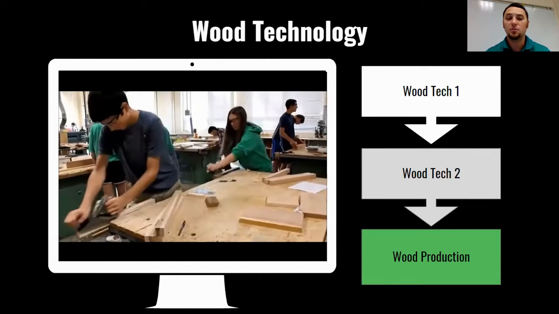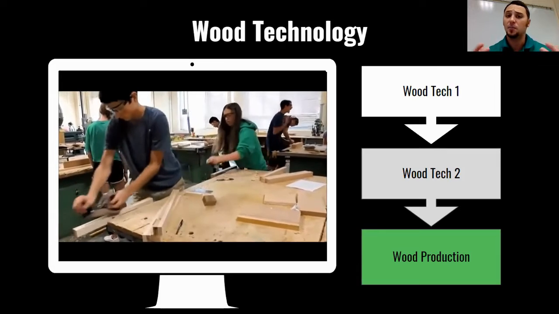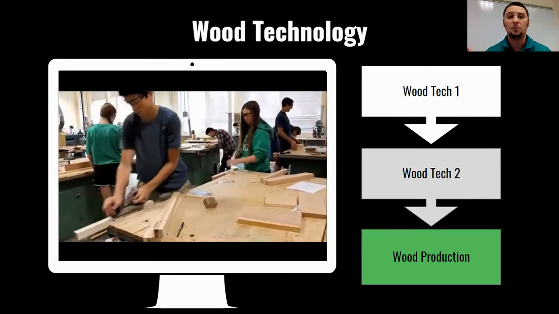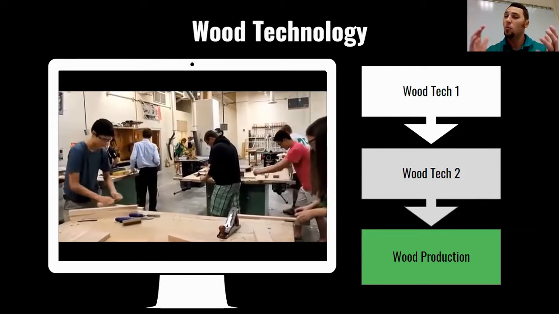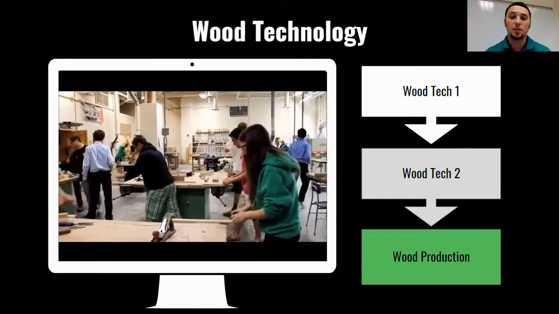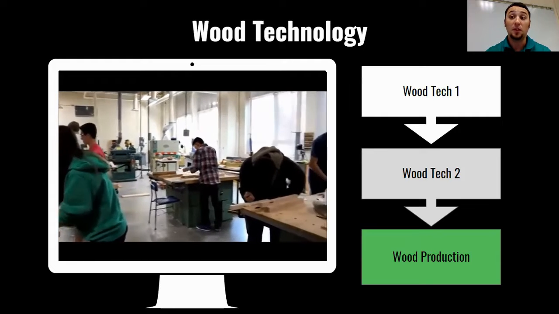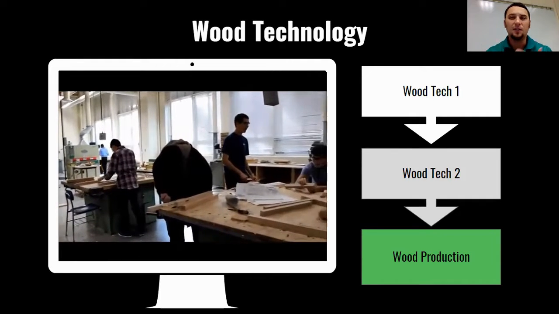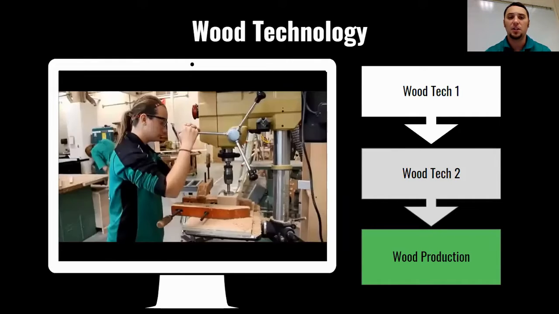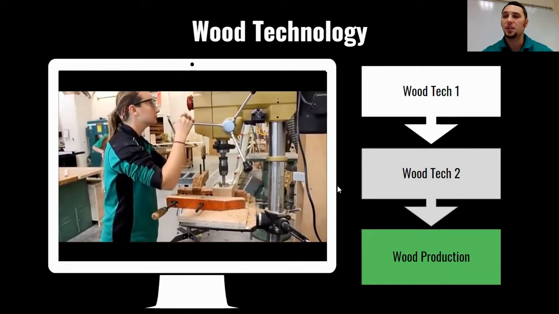In Wood Tech 2, you get to use more advanced techniques, and you get to build cabinets, dressers, and all kinds of cool, more complex pieces like that. We also offer a wood production course, where you can potentially have the option to build things for different people in a client job type of situation, again using a lot of the higher skilled tools.